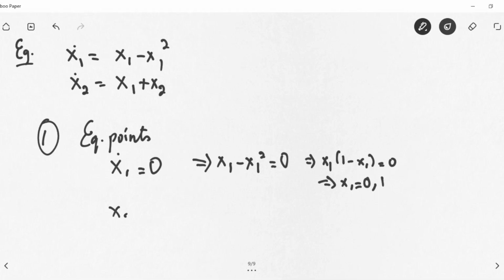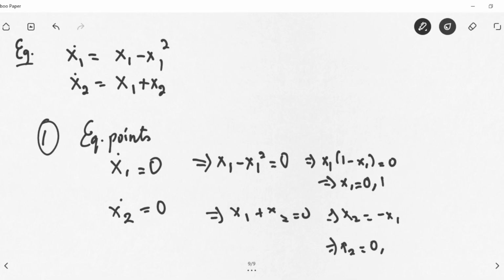And x2 dot equal to 0 implies x1 plus x2 equal to 0, which implies x2 is equal to minus x1, which implies x2 is equal to 0, minus 1.